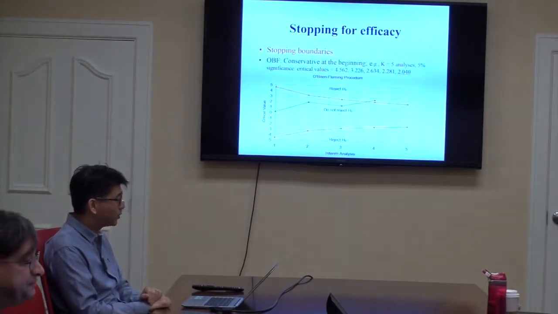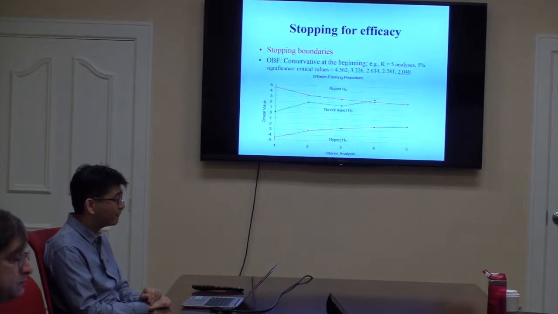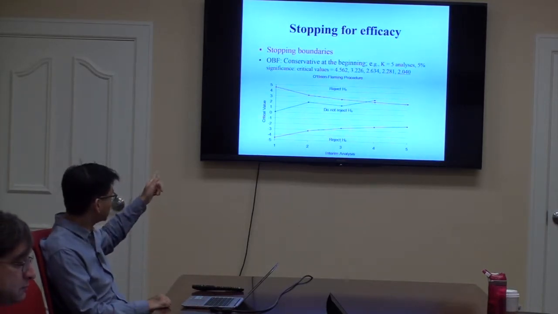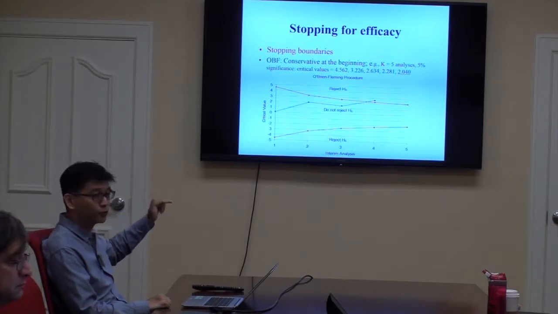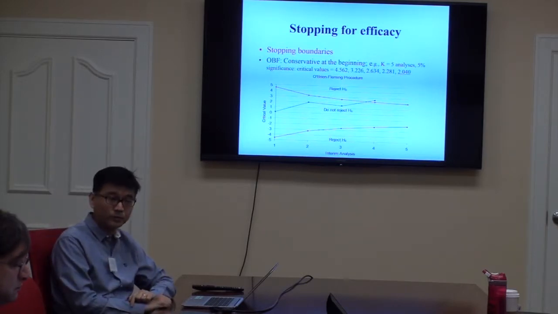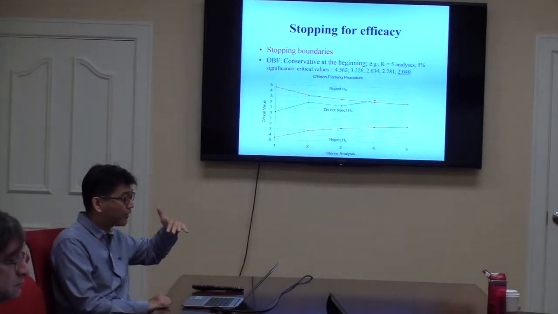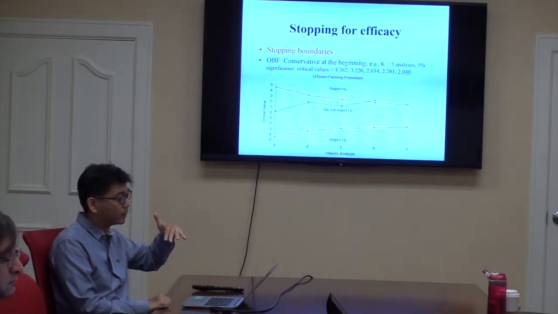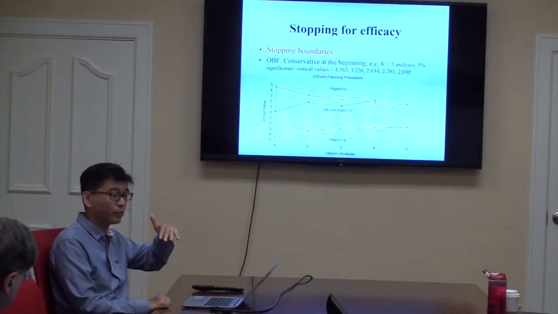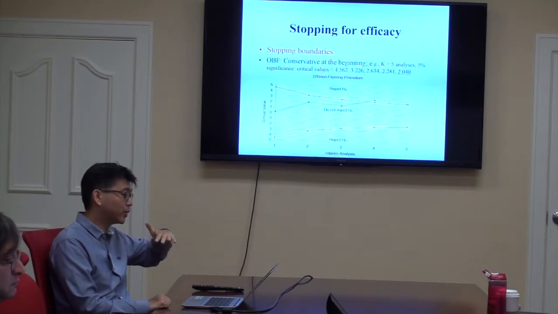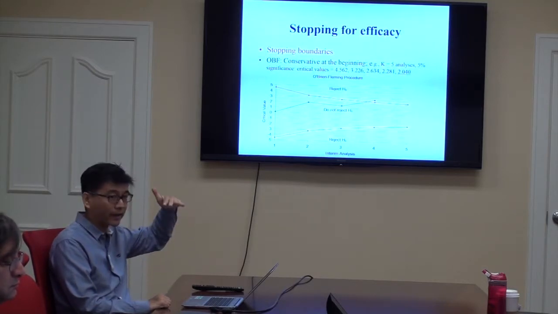Using the same example with 5 analyses, including the final one, the critical value at each point will be from 4.5 down to 2.040. And the critical values will change depending on the number of analyses you do. Generally, if you have 4 analyses, your critical value at each time point will be higher.